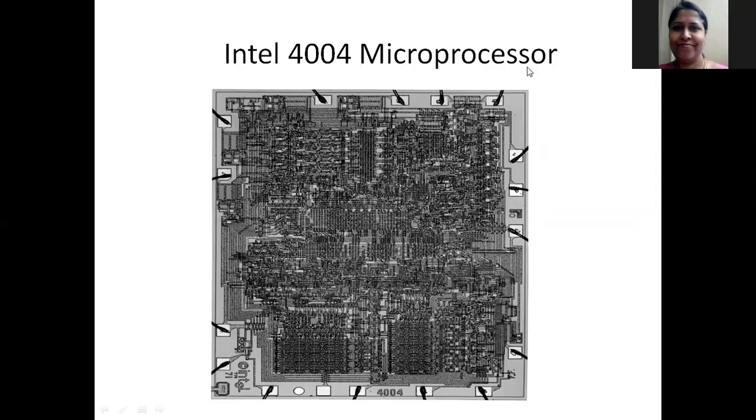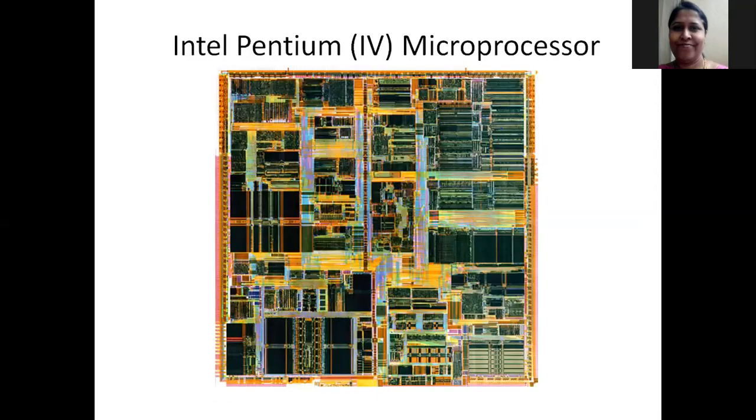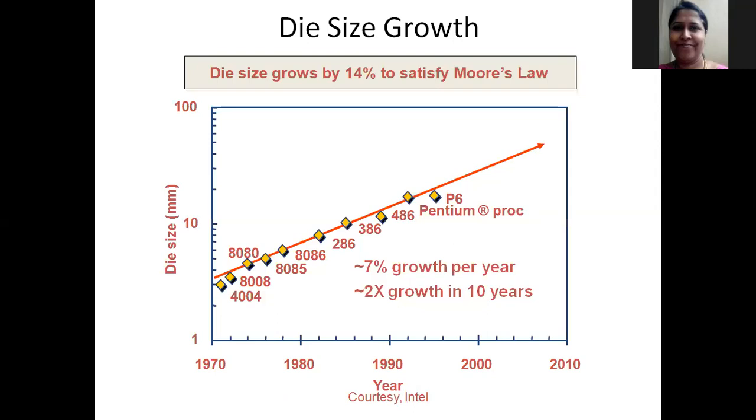So in this figure you can see the Intel 4004 microprocessor. The internal structures are also seen in this photograph, and this is the Intel Pentium 4 microprocessor. It's very complicated as it appears here, and the size of the die, how it changed over multiple years, is shown in this diagram.